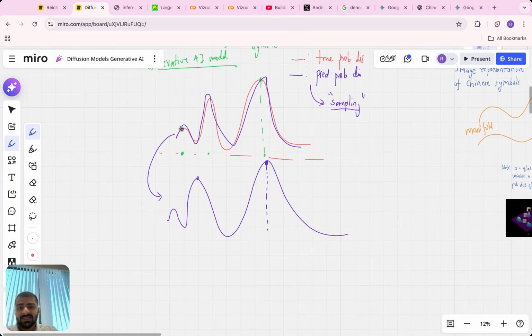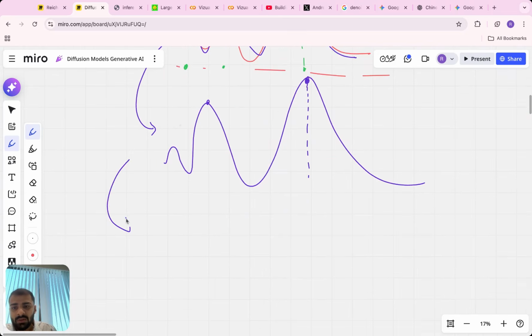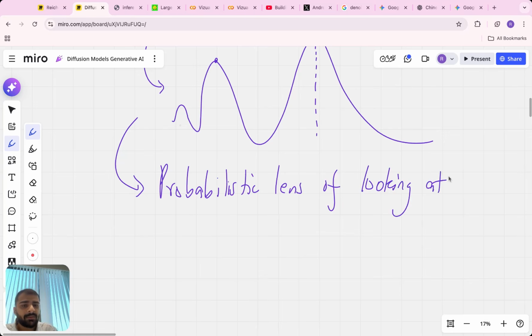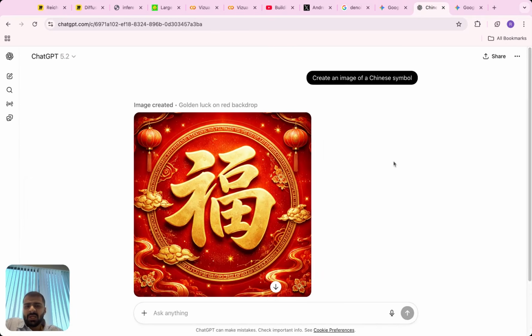This is the probabilistic lens of looking at generative AI. So usually when other people look at ChatGPT, they see that just an image is predicted, right? They don't link it to probability.